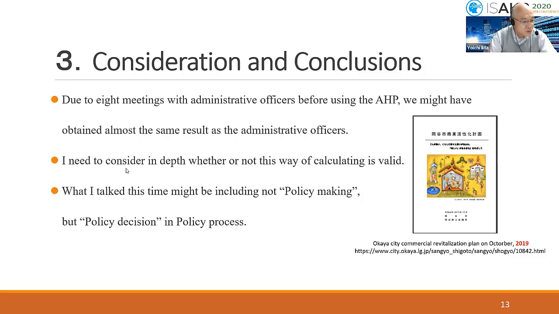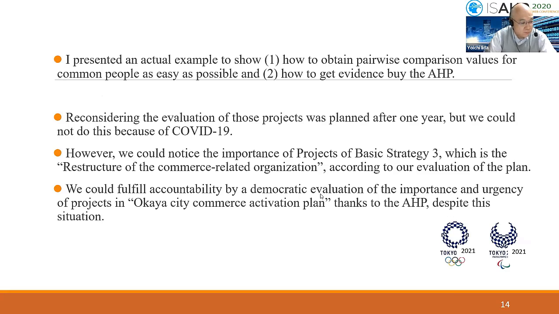Second, I have to consider what kind of case this method is effective for. I presented an actual example to show this. By the way, re-evaluation of those projects was planned after 1 year, but we could not do this because of the COVID-19 pandemic.